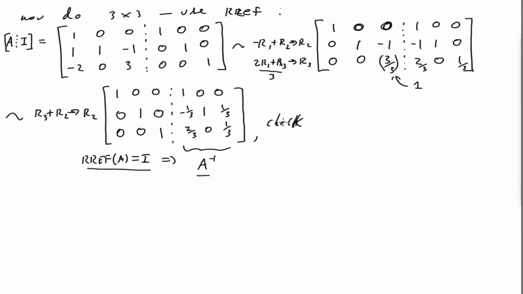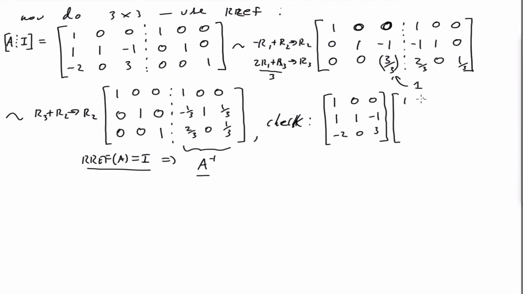So I want to check. So let's do that here. Should we do a left multiply or a right multiply? I'll just do a right multiply. So I'm going to put 1, 0, 0. This is my A. So I should say a right multiply of the inverse.